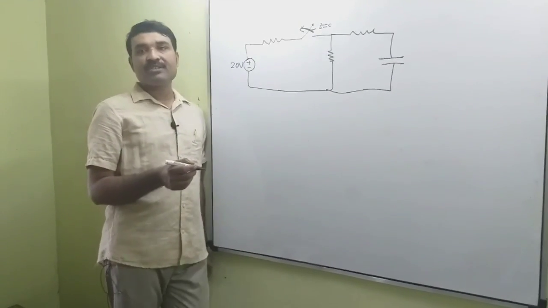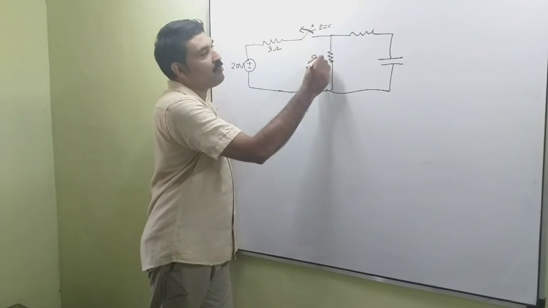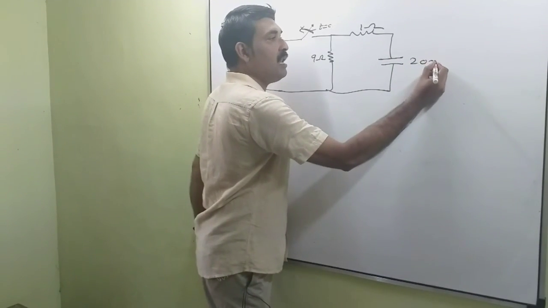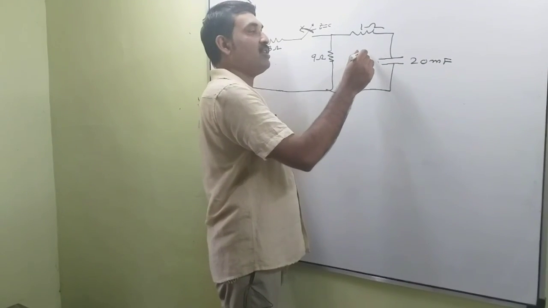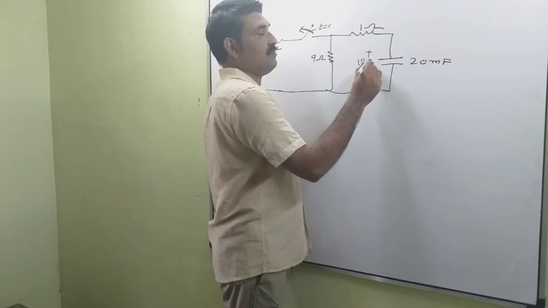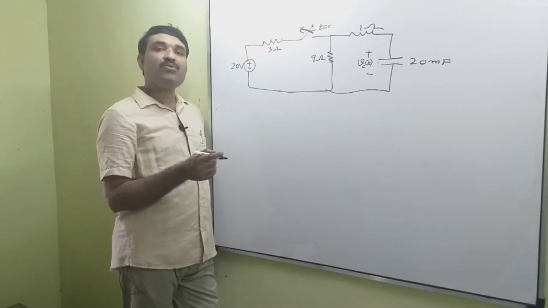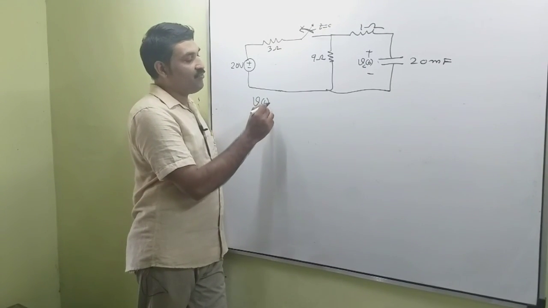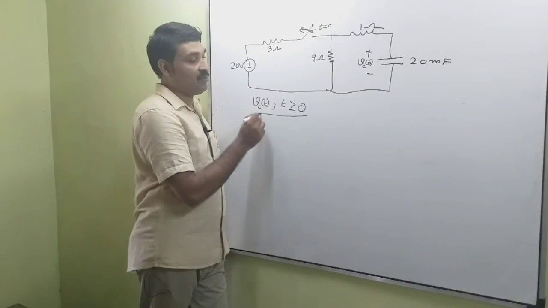The values of resistances and capacitor: 3 ohm, 9 ohm, 1 ohm, and 20 millifarad. The voltage across the capacitor is indicated by Vc(t). Now the question is, we want to find the voltage across the capacitor Vc(t) for time t greater than or equal to 0.